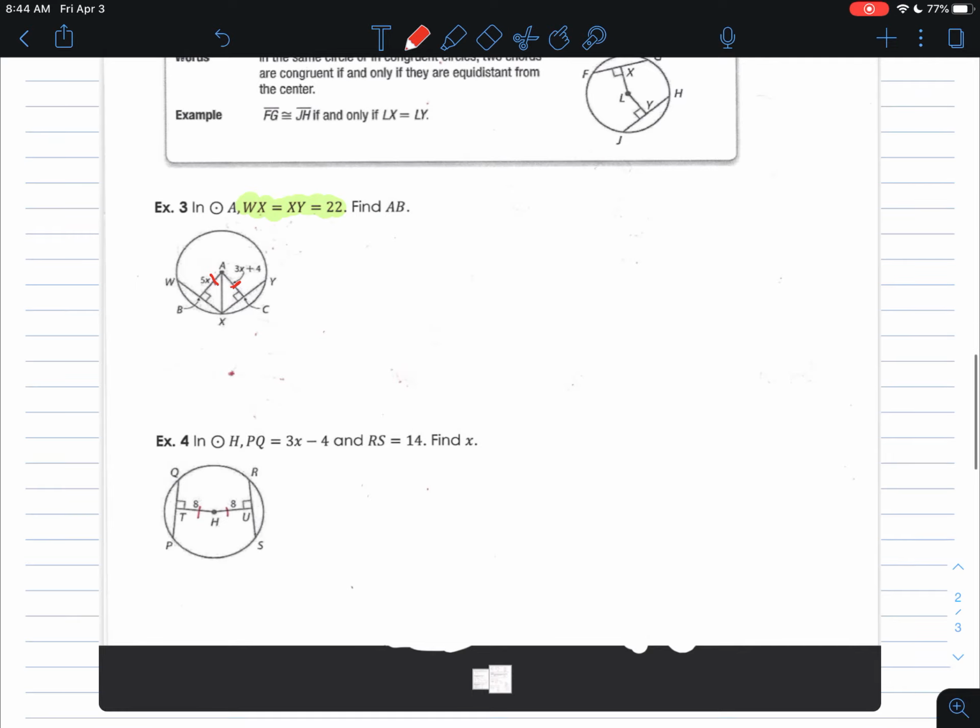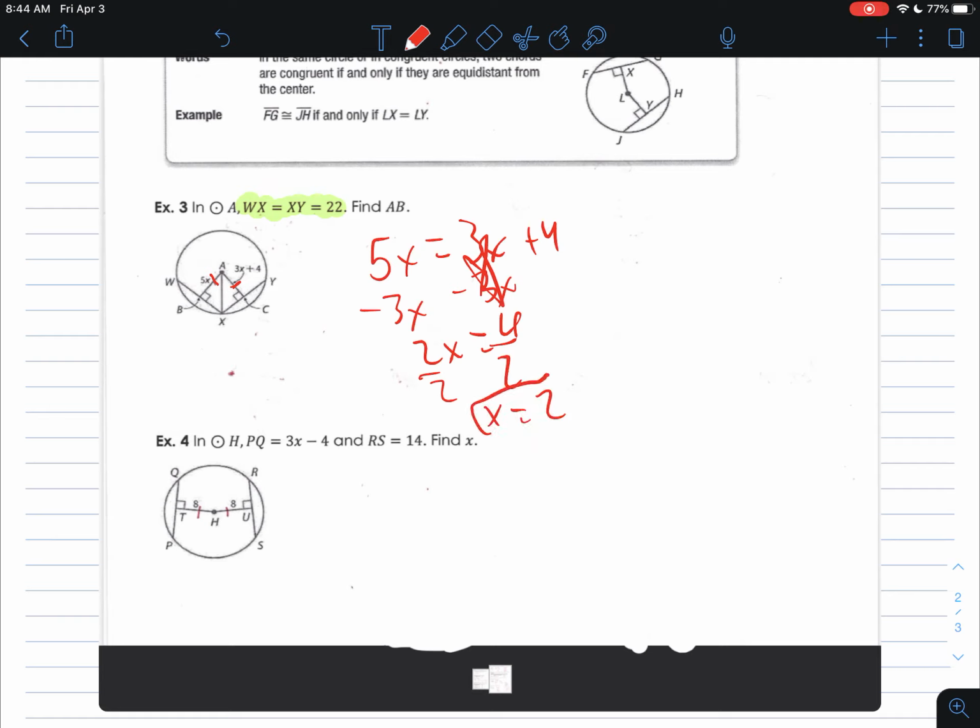All we have to do is set them equal to each other. 5x equals 3x plus 4. Subtract 3x from both sides, and you're left with 2x equals 4. Isolate the variable. X is going to equal 2. Now, we are not finished though.